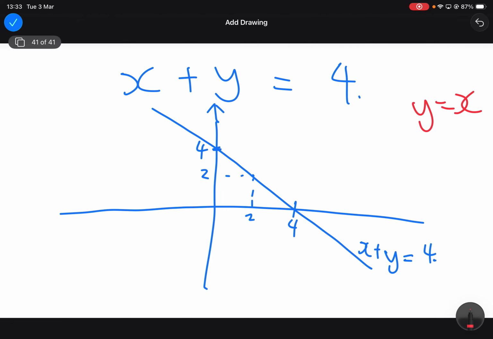So now we come to the most important part in this chapter. We are solving simultaneous equations. Solving simultaneous linear equations.